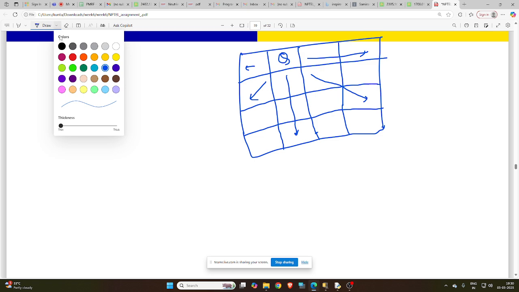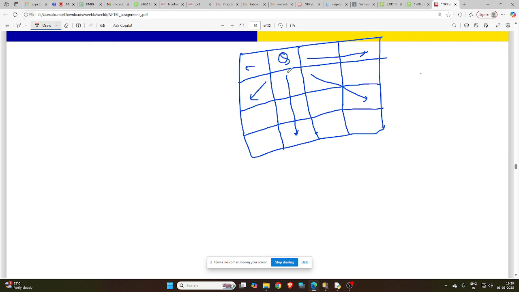Now let's say I am having one queen in this position. All the directions I just mentioned here are blocked by this queen. Now I am putting the second queen. The second queen may be put here because this is not blocked by the first queen.